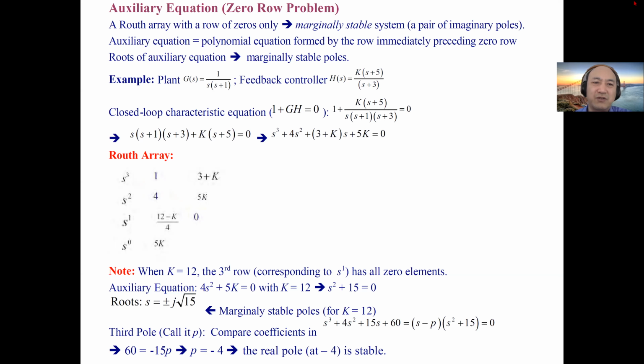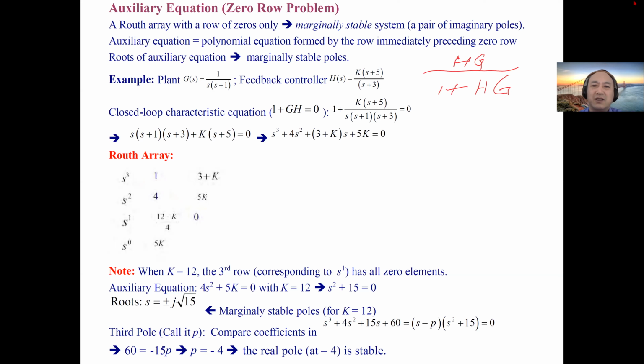So the closed loop transfer function is 1 plus GH equals 0. So this is my characteristic polynomial. Basically, I have the feedback controller H times the G plant, and 1 plus HG.